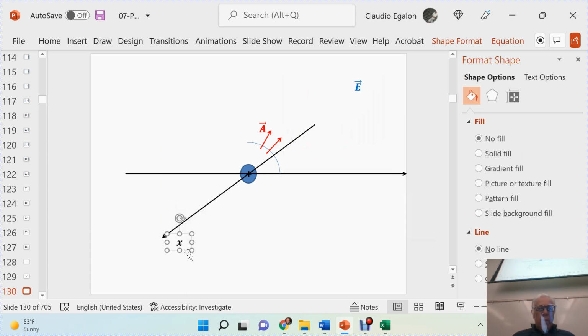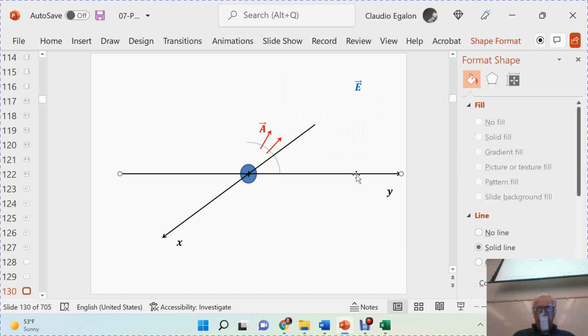This other one here is the y. And then we're going to draw the z-axis.